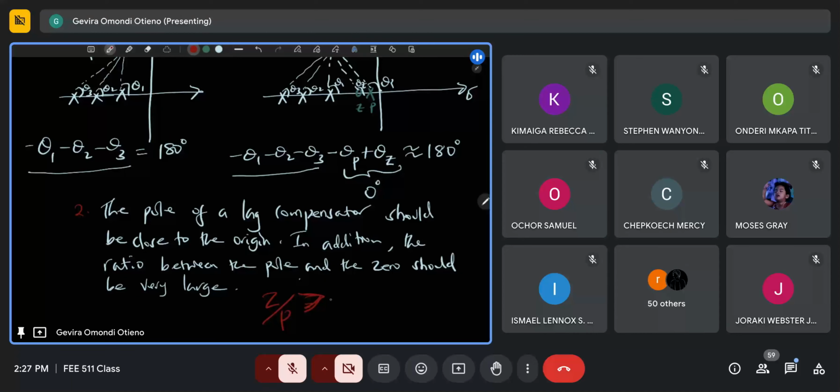It should lead you to a large KV, the ramp constant. I told you how to calculate the ramp constant. So the idea is to make sure that, one, the pole that you're designing is as close to the origin as possible, but also the ratio between the 0 and P should be very large.